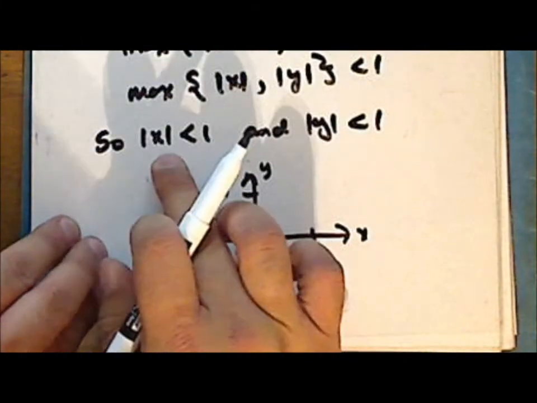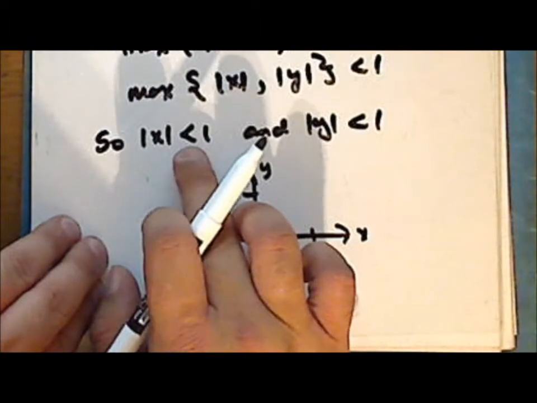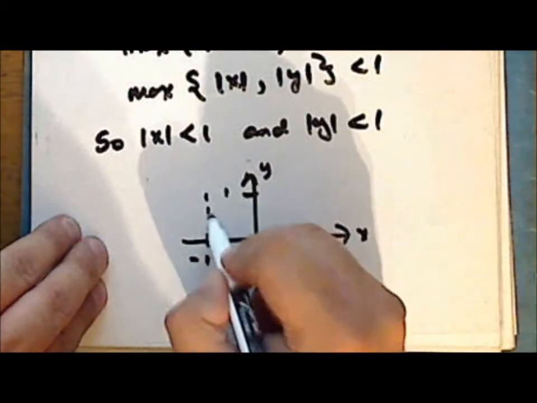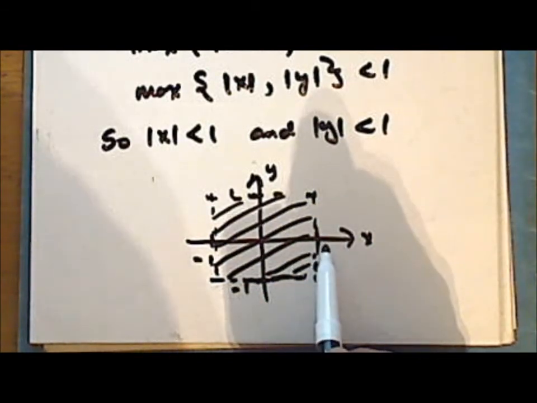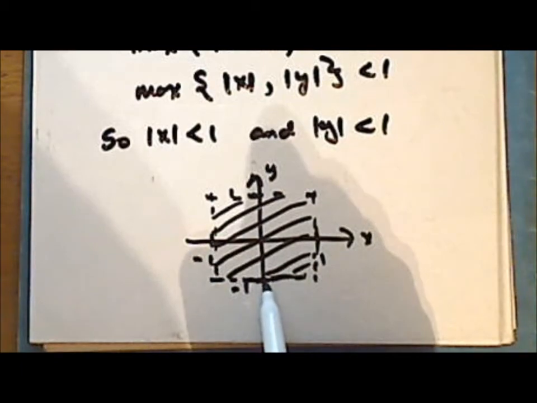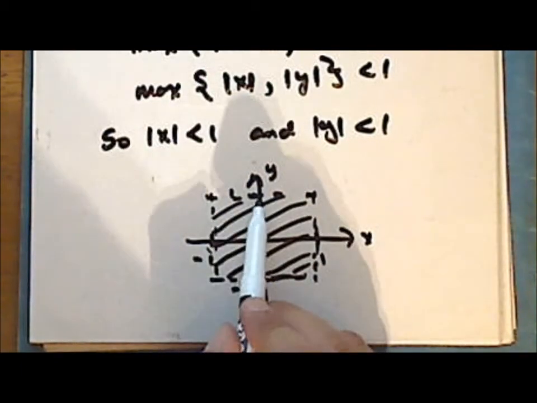So x can range between 1 and -1, and y can range between 1 and -1. And so this is the interior of a square region, the square centered at the origin whose sides have midpoints at 1, 0, 0, -1, -1, 0, and 0, 1.